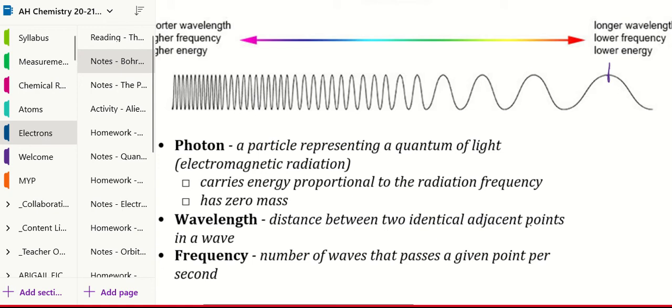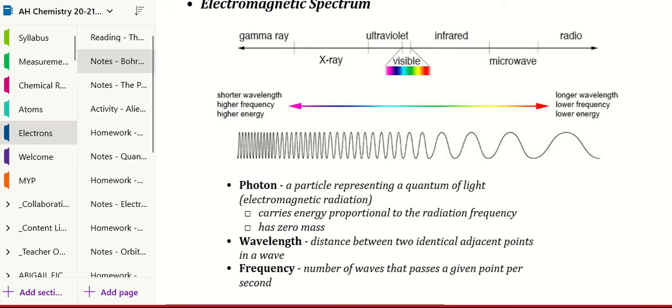So as we go from lower energy radio waves to higher energy like gamma rays, what happens to wavelength? Does it get bigger or smaller? Smaller. So as energy goes up, what happens to wavelength?